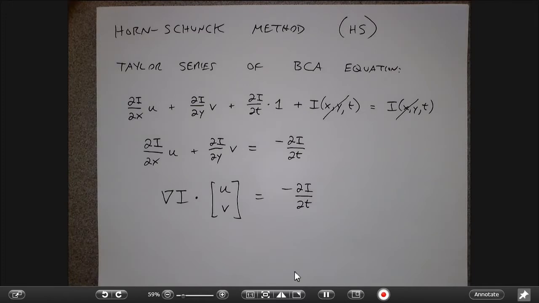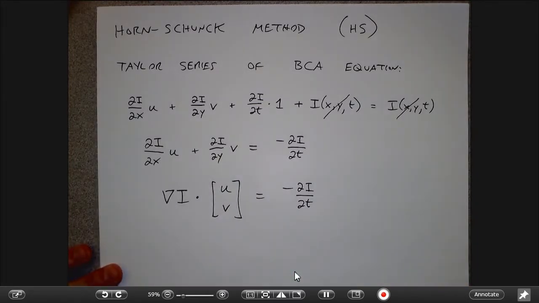But what I have here is one equation in two unknowns. I have u and v to estimate, and I only have this single equation in u and v to get my optical flow. So basically this means that I have an under-constrained system.